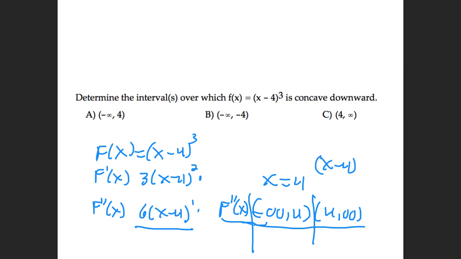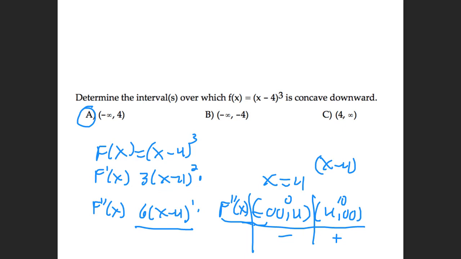If I take 0, that's going to be negative. If I take 10, it's going to be positive. It asks me where it's concave down: negative infinity to 4. Whew, I was looking at part B and it's like, oh no, that's not negative 4. All right, so letter A, negative infinity to 4, that function should be concave down.